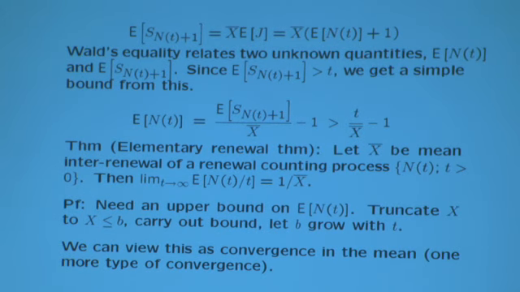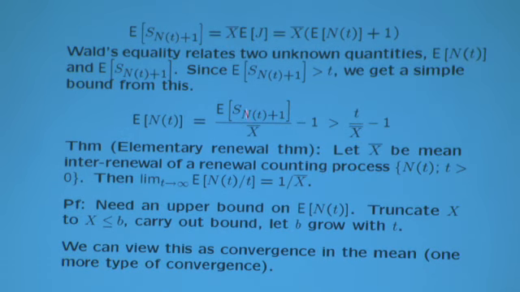And we can bound it by saying that S sub N(t)+1, the time of the first arrival after t, has to be at a time greater than or equal to t. So the expected value of S sub N(t)+1 is also greater than or equal to t.